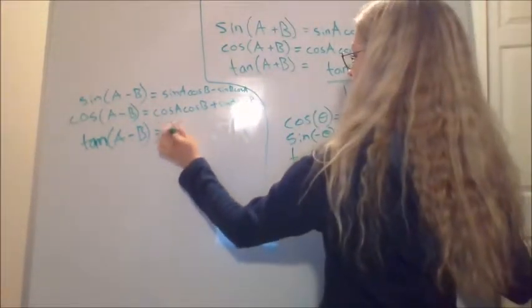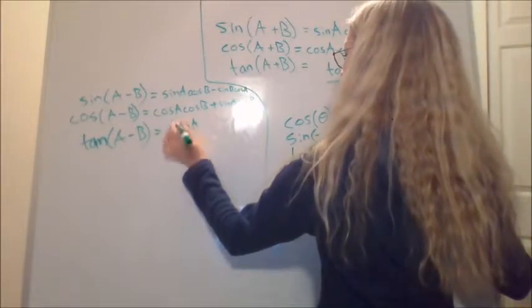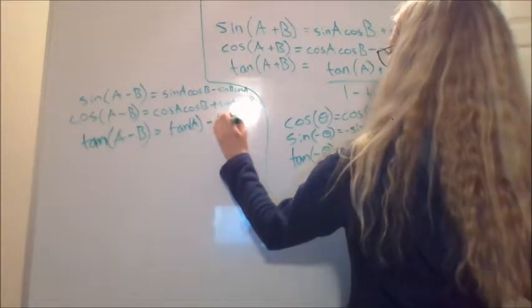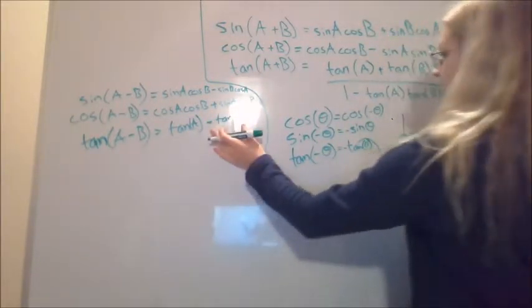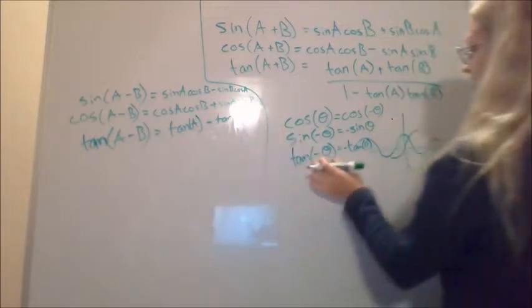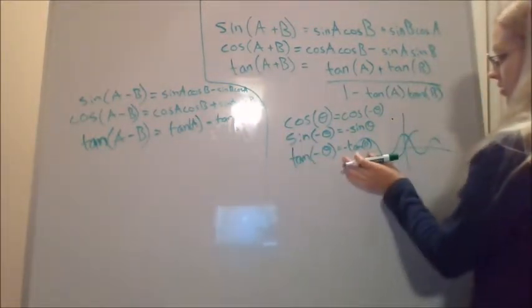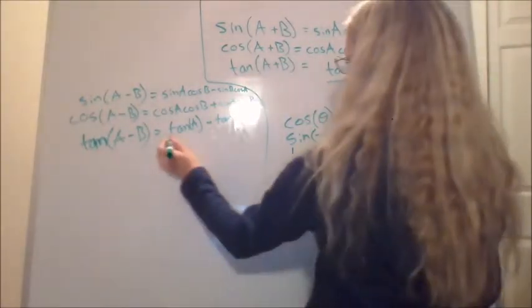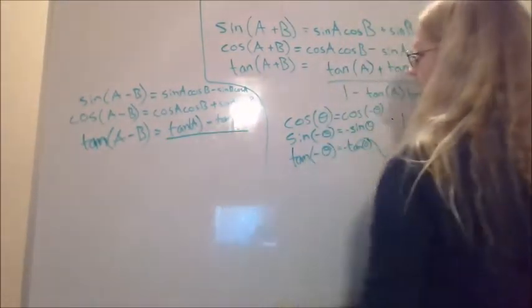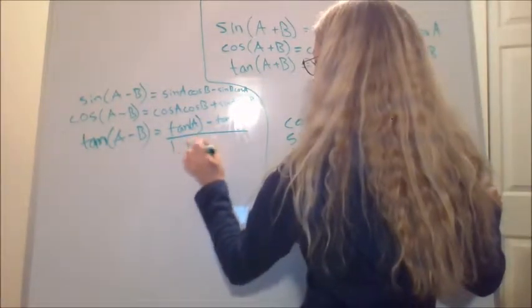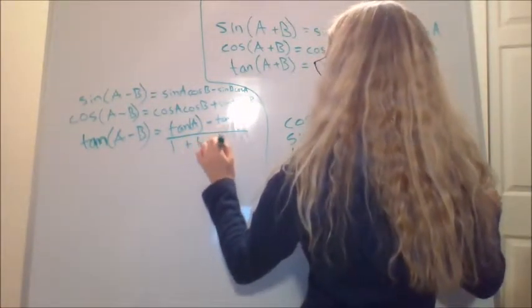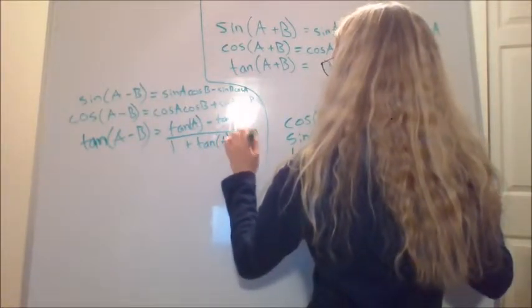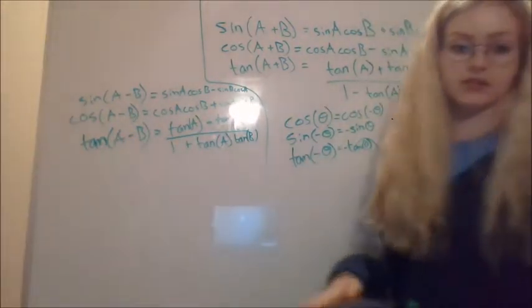It's equal to tangent of A minus tangent of B, because this would be negative B, and since this is odd, we're going to flip this over to negative tangent of theta, or negative tangent of B in this case, divided by 1 plus tangent of A times the tangent of B. So those would be our three difference formulas.